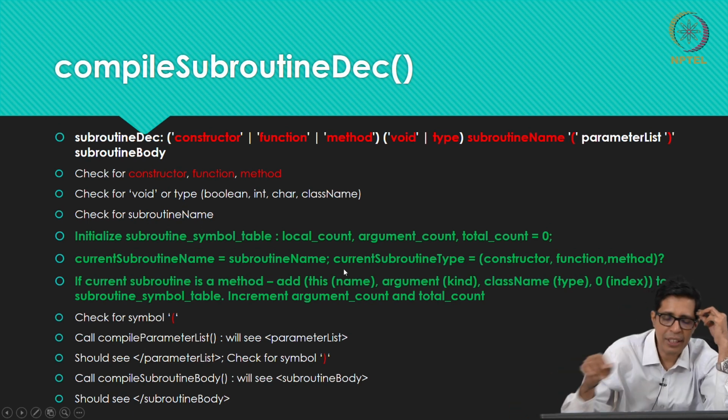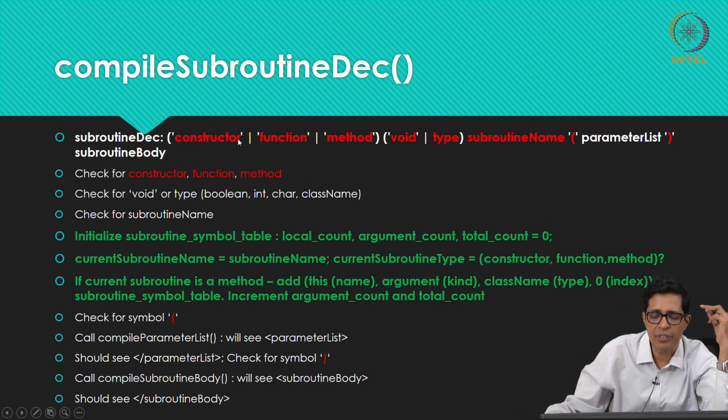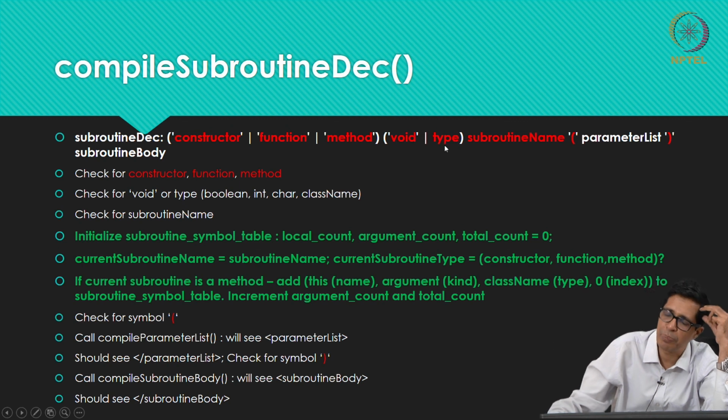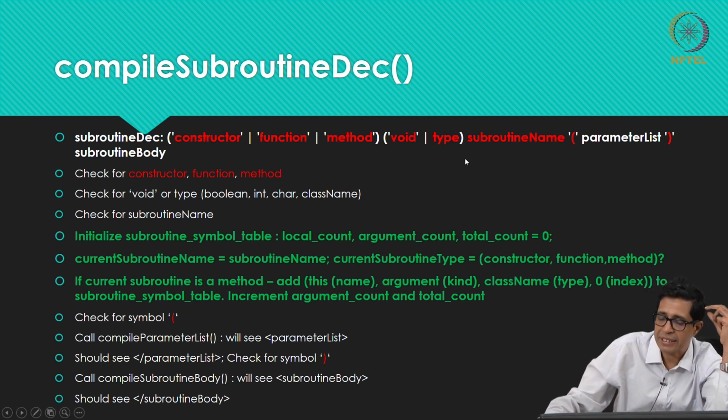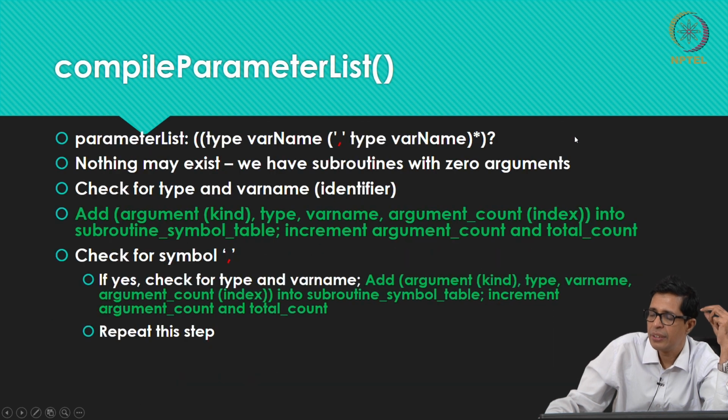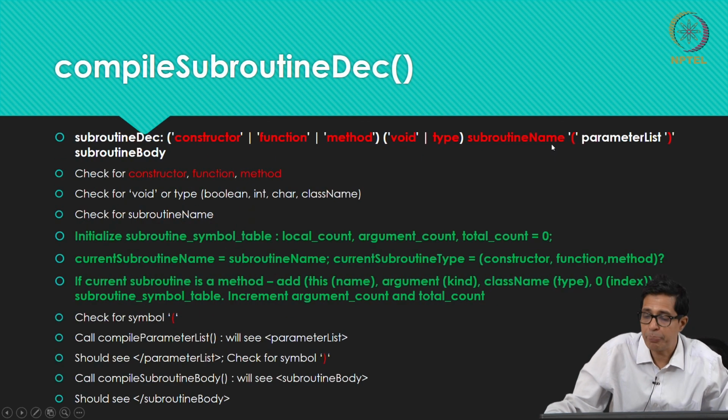In the subroutine dec rule, first it will check for constructor, function or method, then it will see if it is void or some type, which can be boolean, char, integer or class name, then it will have a subroutine name, followed by the starting parenthesis, then the parameter list, then the right parenthesis, and this is followed by the subroutine body.